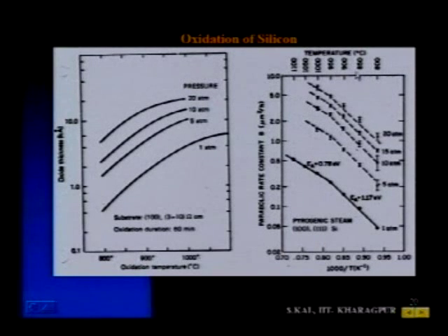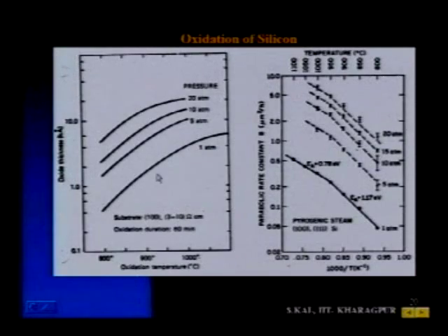But if you increase the temperature from, say, here is 1000 to here is 1100 degree centigrade, then we have seen that the parabolic rate constant increases. This is the parabolic rate constant B, and its unit is micron square per hour. Okay. So that means the parabolic rate constant dependence on temperature, and at the same time the oxide thickness dependence on temperature is shown here.